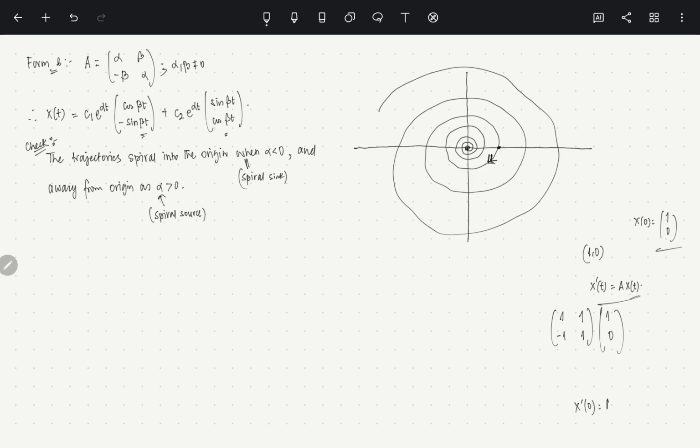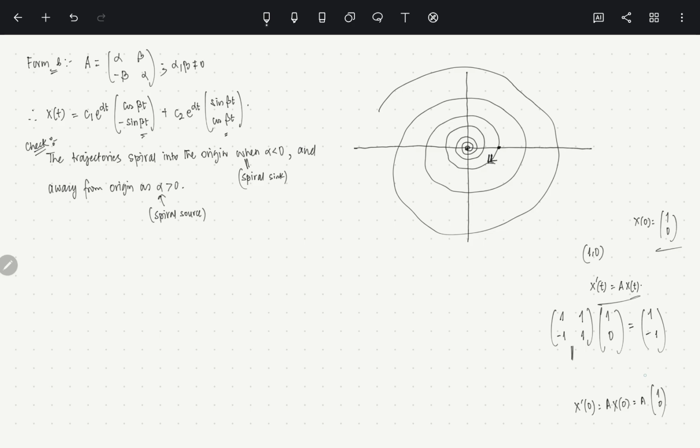It is nothing but A times x of 0, which is A times (1, 0). In this case, what is A times (1, 0)? It is (1, -1). So for this particular case, it is actually pointing in the (1, -1) direction.